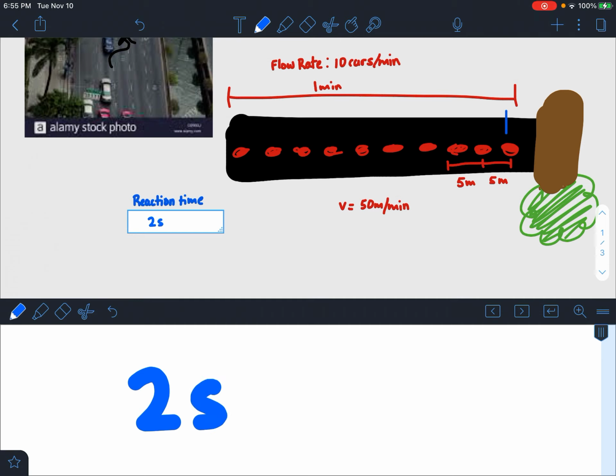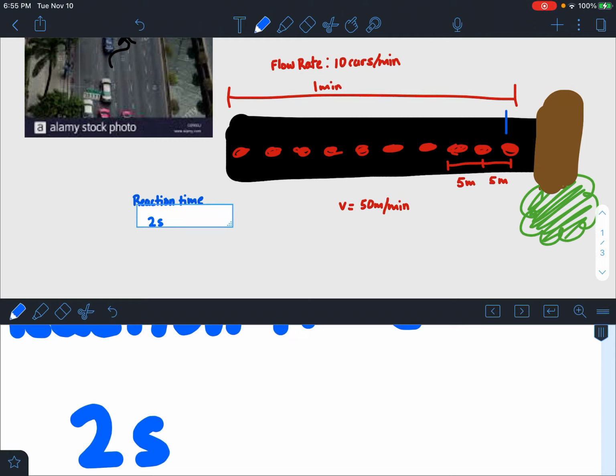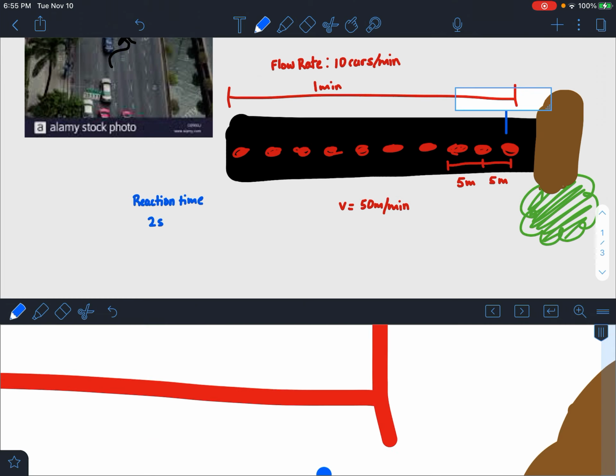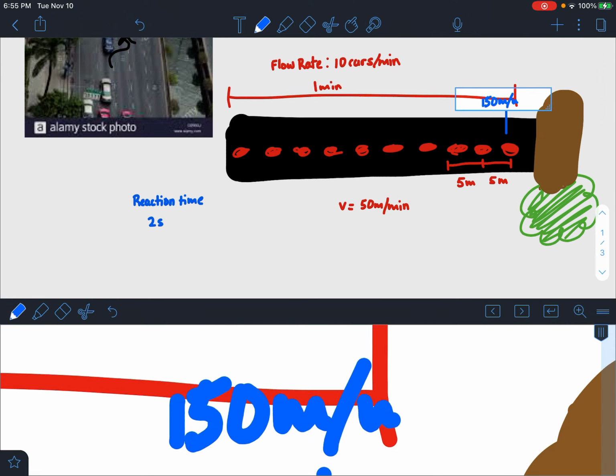And with there being a reaction time of 2 seconds, it's the velocity, right? The leading edge of that velocity is going to be 150 meters per minute.